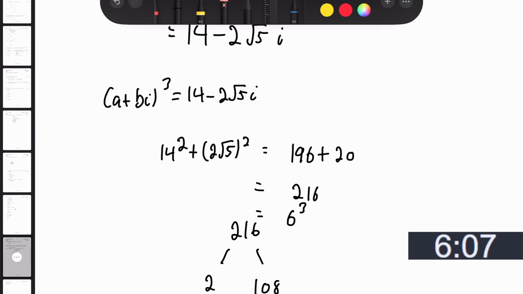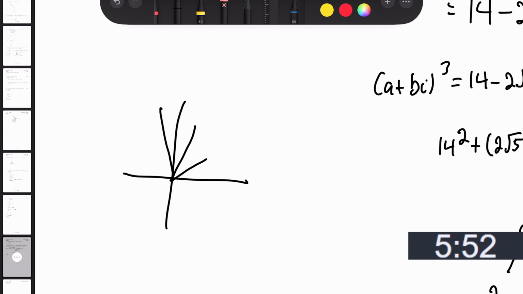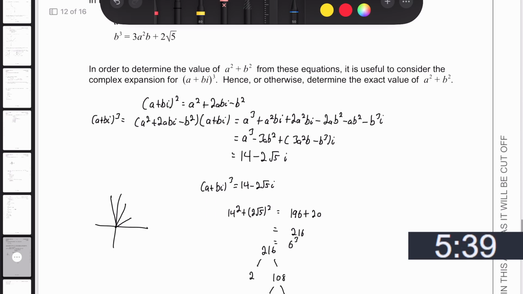I feel like I'm very close, but I'm not sure. Because I have some complex number AB. So this is AB squared, and AB squared.